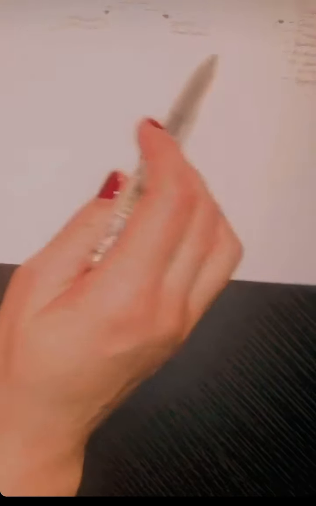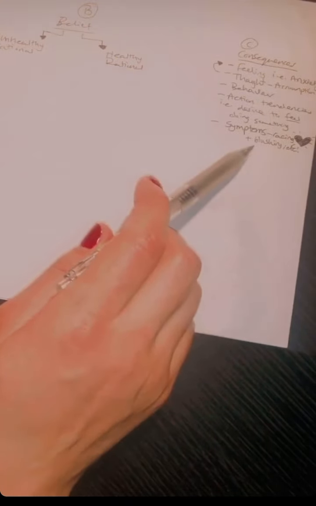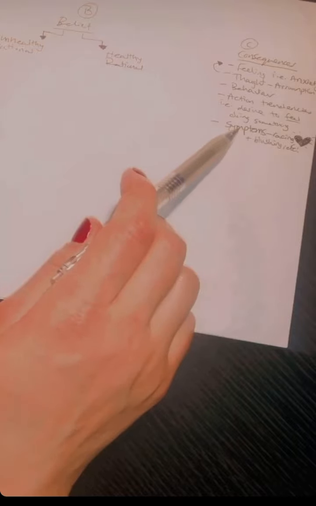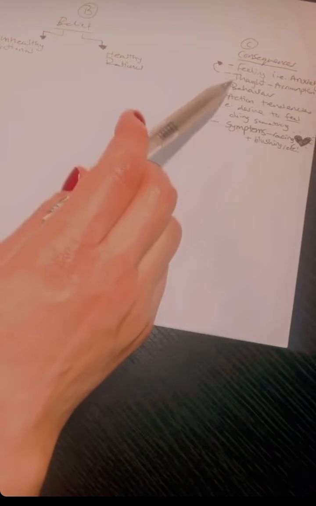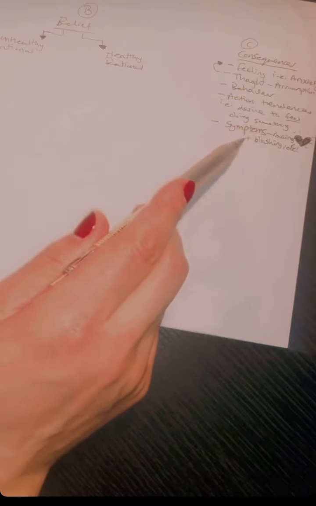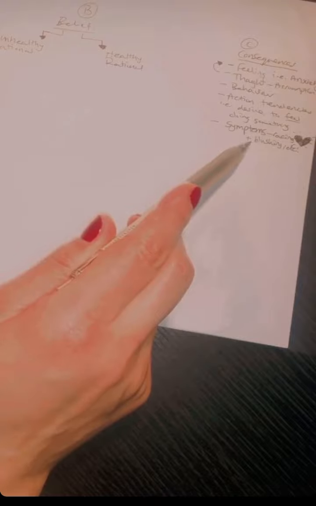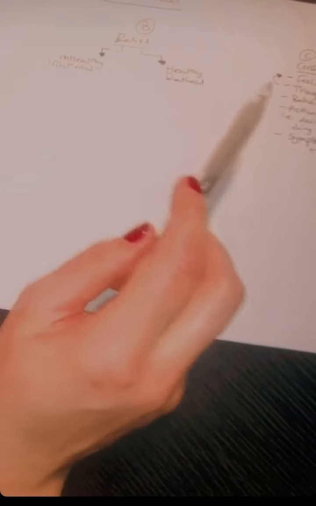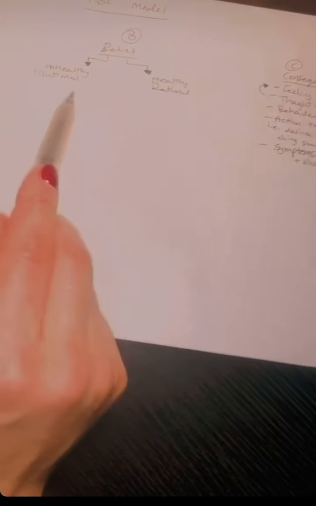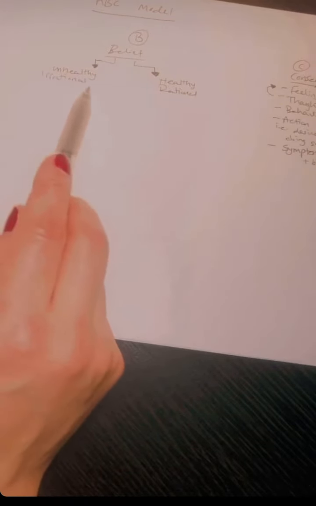The reason I'm explaining this ABC model is because we don't want to get to these symptoms. We don't want to allow those thoughts and feelings to affect our health and well-being, psychological well-being as well. Right. So now we know the consequences come from the unhealthy or irrational belief.